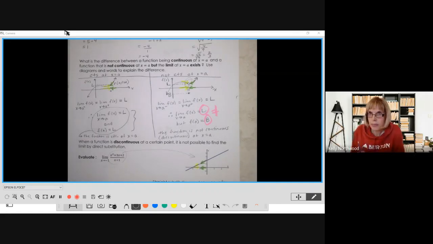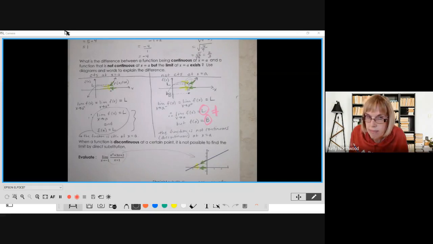The limit isn't going to become anything, I guess, because one's going up to positive infinity. Right. So if you had a limit where an asymptote was, it would either be infinite or it doesn't exist. So I guess the limit wouldn't exist from either side. Right. If you've got a vertical asymptote.